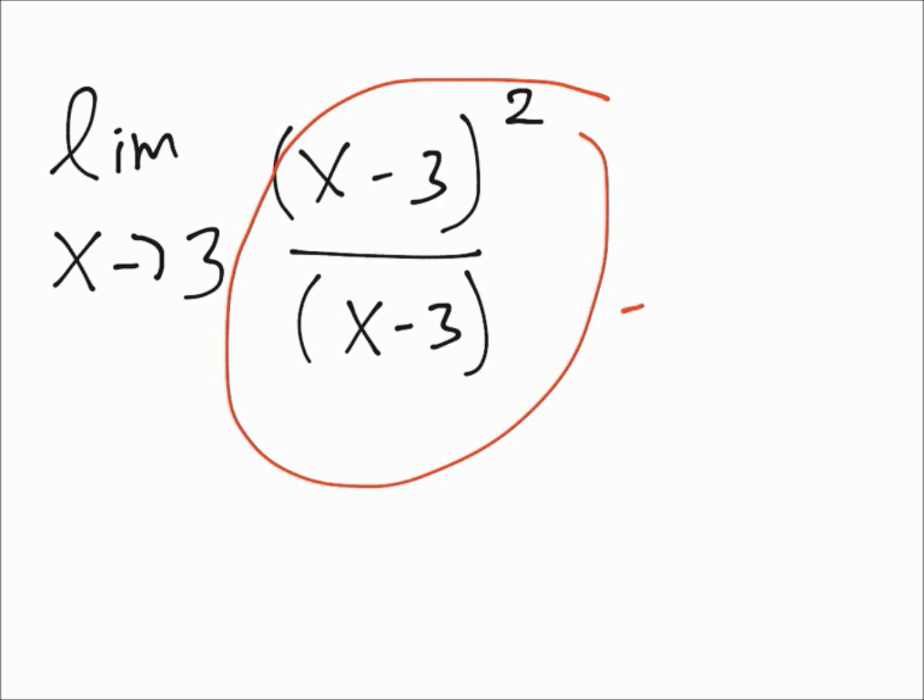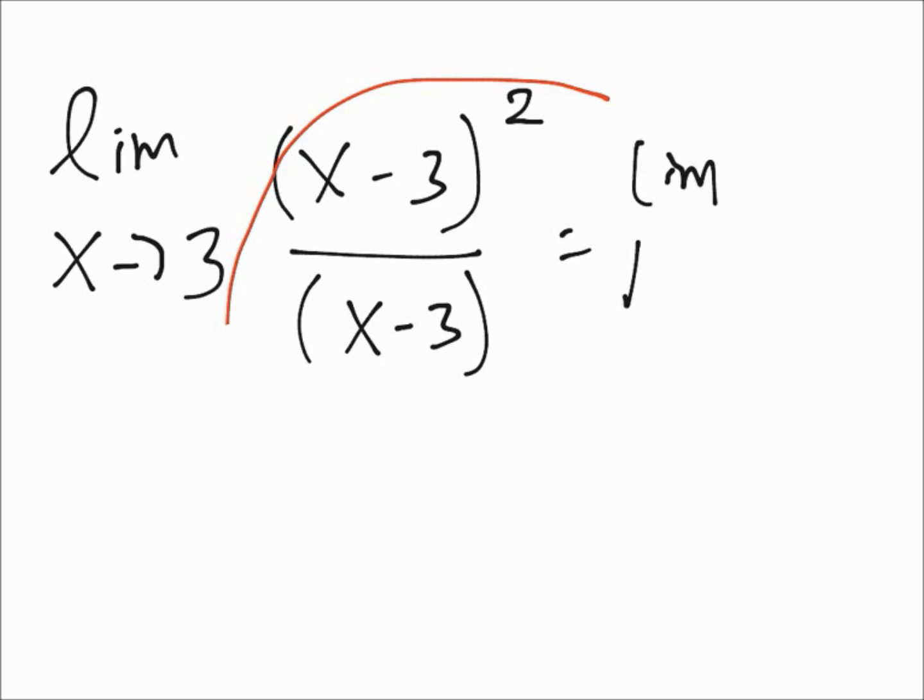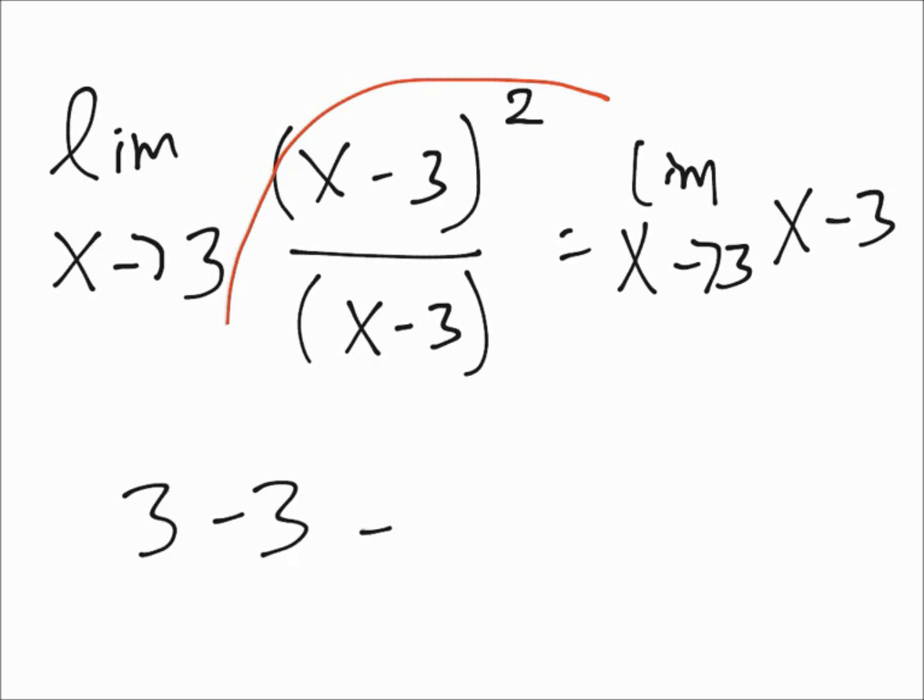So what will happen here is that because we have one squared and the other one is just dividing over it, we'll have this to be the limit when x approaches 3 of x minus 3, and now you can use the limit, so it will be 3 minus 3, which is just 0. So you just want to simplify as much as you can and then use what the limit approaches.